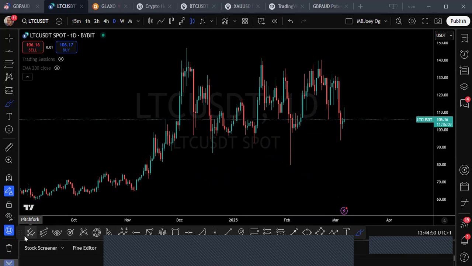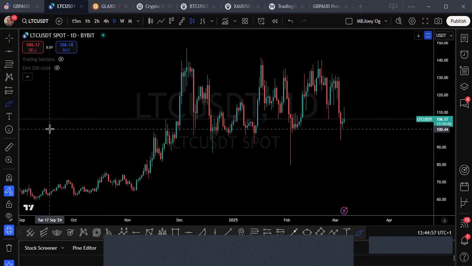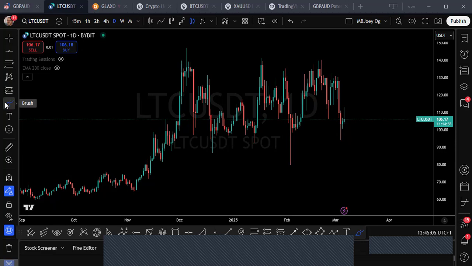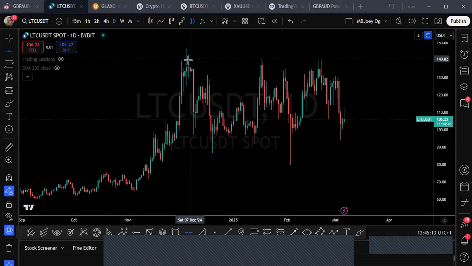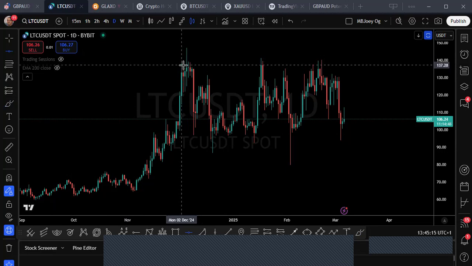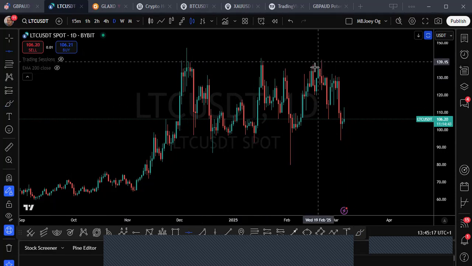Okay, awesome. So to draw this, I would pick my horizontal line. Already we have taken a mental note of this point, and this point.